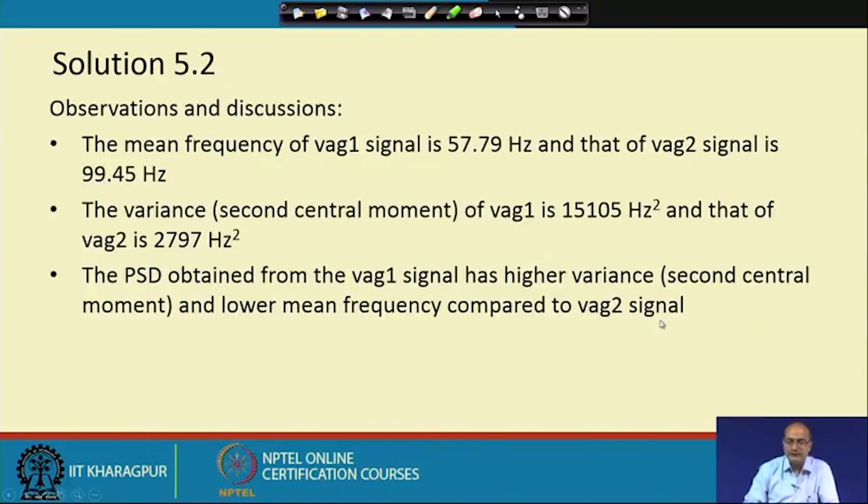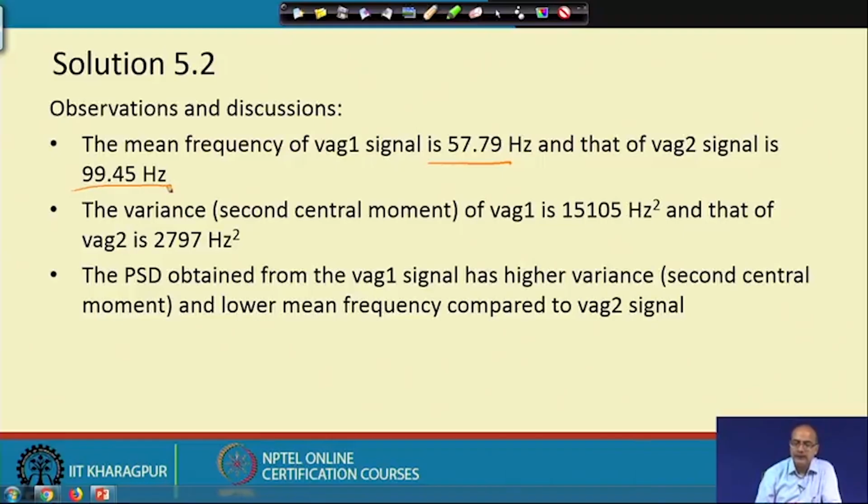Now, what are the values we get? We get that the mean frequency for VAG1 is 57.79 and for VAG2 it is 99.45 Hertz.